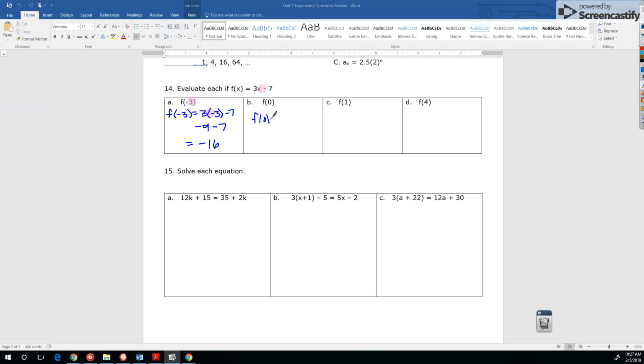So to find f of 0, all I do is substitute in a 0 where I see the x. 3 times 0 is 0, and 0 minus 7 is negative 7. f of 1 means 3 times 1 minus 7, and 3 minus 7 is negative 4. And f of 4 is 3 times 4 minus 7. And that's 12 minus 7, or 5.